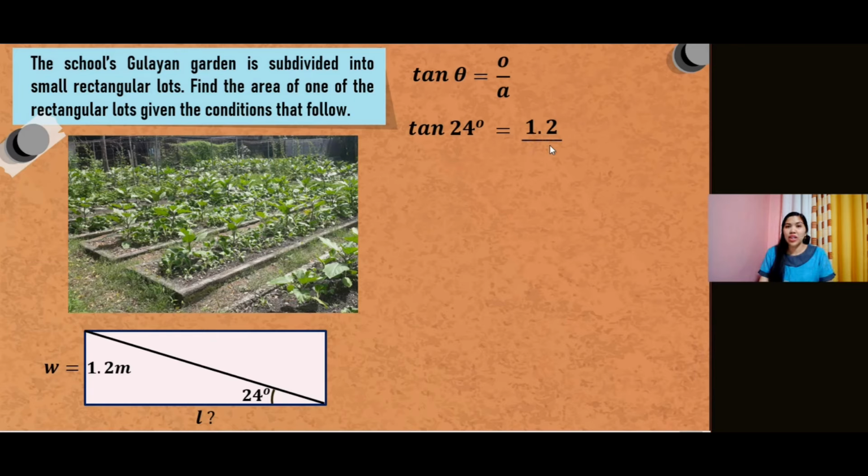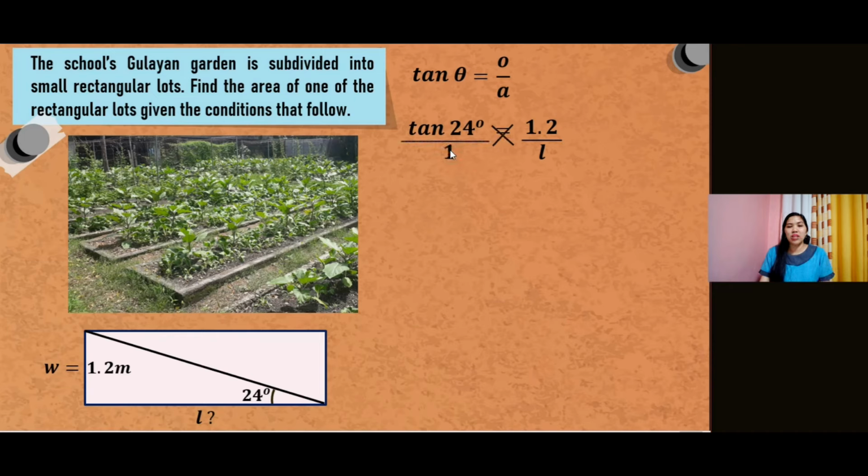We don't have our adjacent measurement, and we represent that with L, so over L. Let's now solve for the value of L. Let's cross multiply.